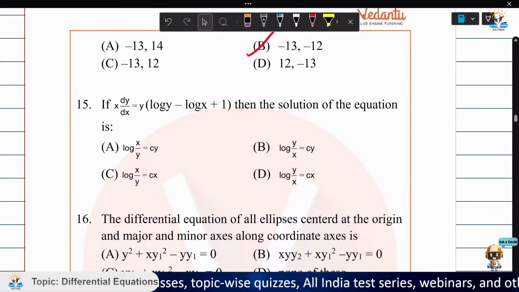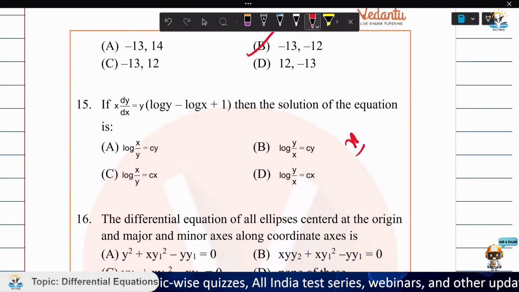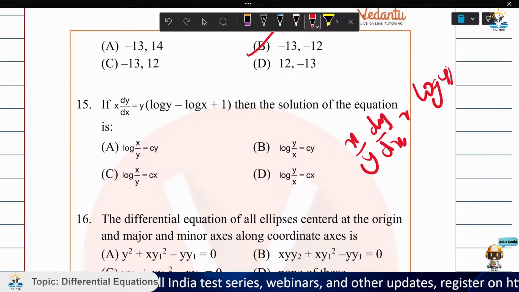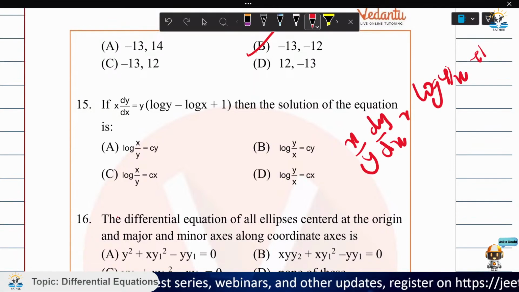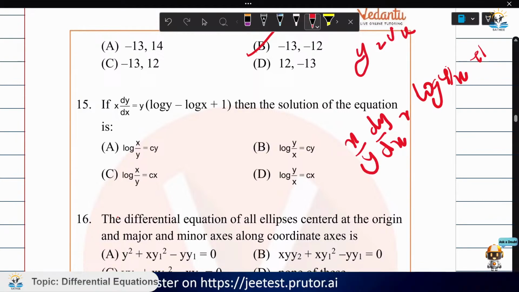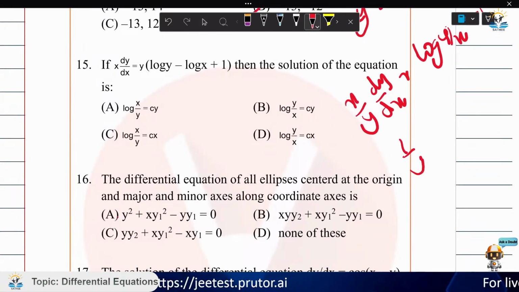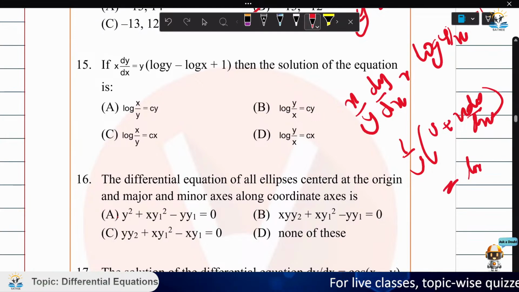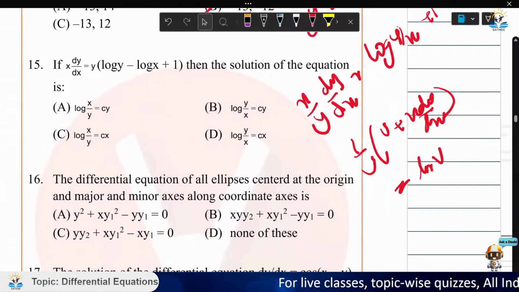So what we can do here is we can write x by y dy by dx is equal to log of y by x plus 1. Okay. And since we can see a lot of y by x on this, we'll take y is equal to vx. So we are left with 1 by v plus x dv by dx is equal to log of v plus 1.